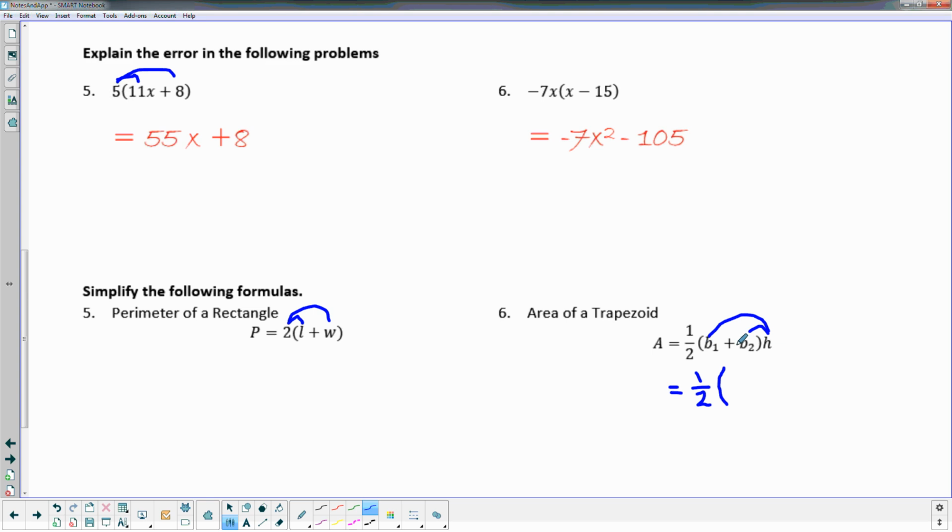So the way I'm going to write it is I'm going to have 1/2, and then b1 for base 1 times h plus b2 times h. And you could put the h first in each one of these. That would be okay. Then your only job now is to distribute the 1/2 and see what you get.